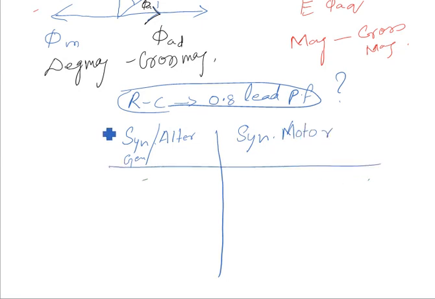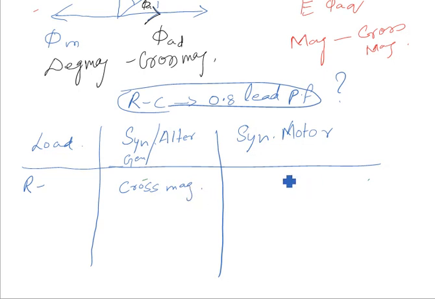And here one more axis we will draw, that is your load. Now for R load, synchronous generator behaves cross magnetizing. Armature reaction is cross magnetizing. Synchronous motor is also cross magnetizing.